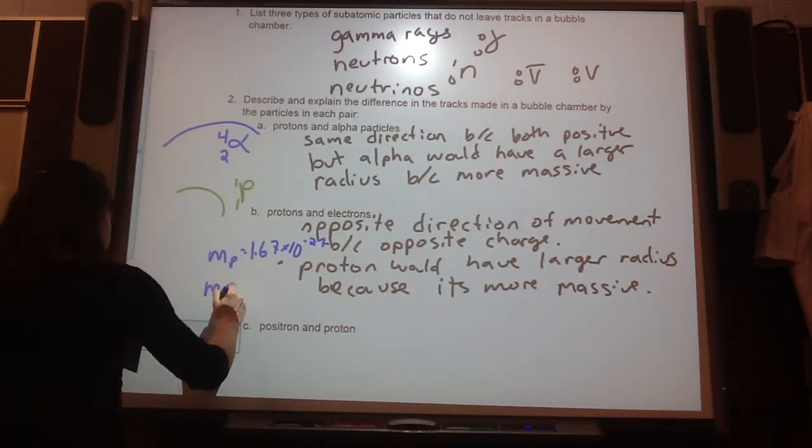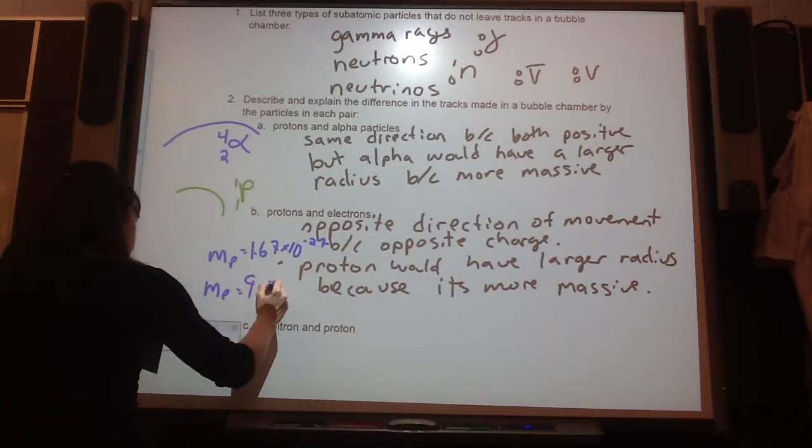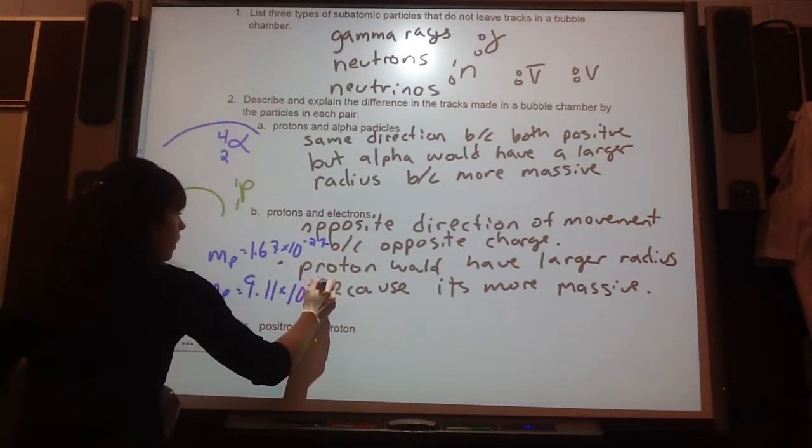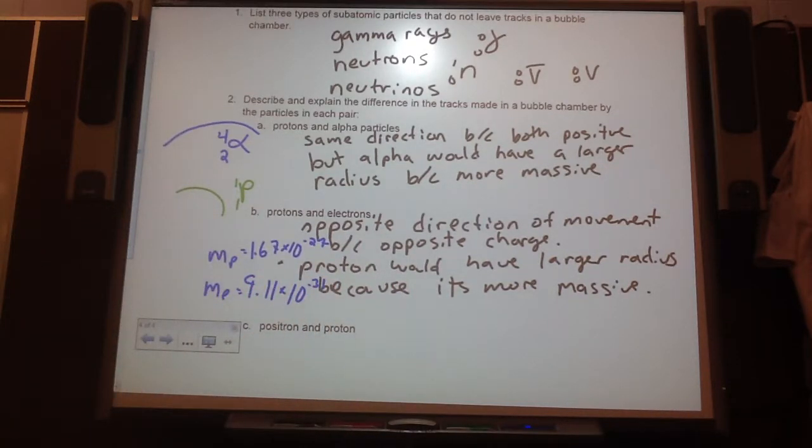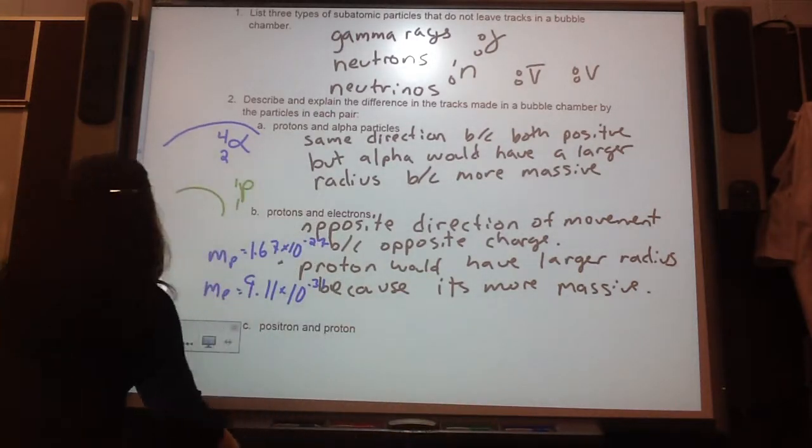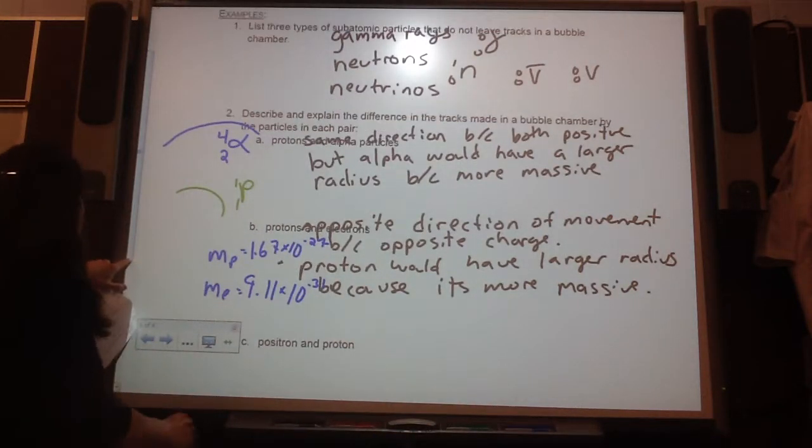But the mass of our electron is 9.11 times 10 to the negative 31. So even though it's a really small amount, the proton is more massive.